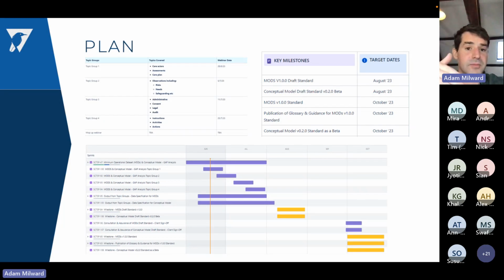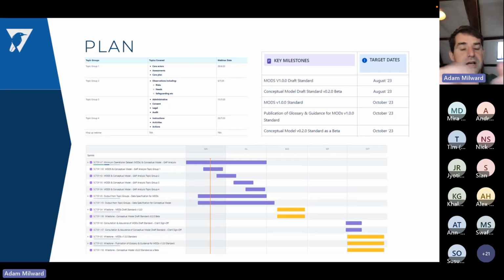We've got another topic coming up at the beginning of July, on the 5th, that will cover observations, risks, needs, safeguarding, etc. There's quite a few observations that are included in the model. Topic group 3 will be about the administrative data, consent, legal information, and audit information. And then topic group 4, which will come at the end of July, will focus on instructions, activities, and actions.